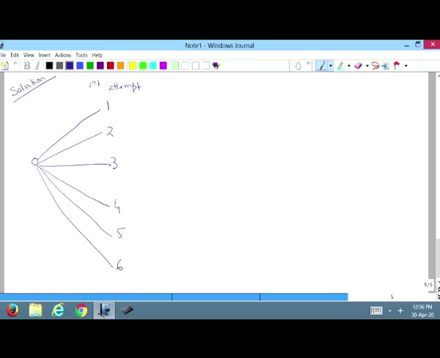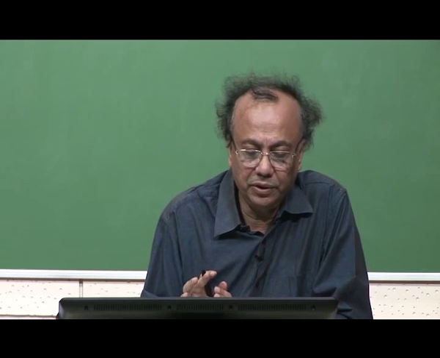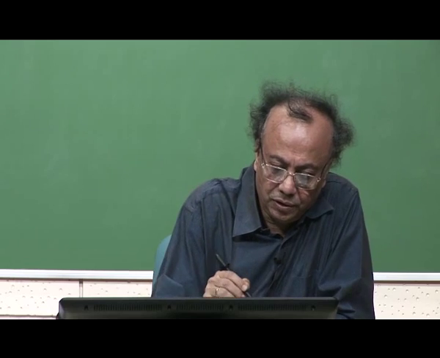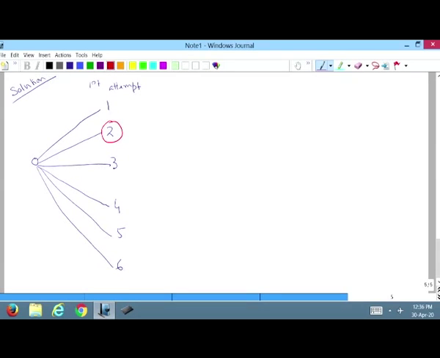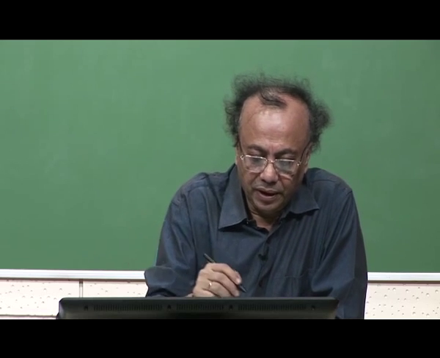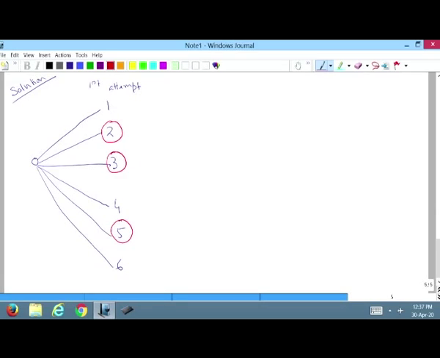Our experiment says that if it is a prime, then we stop there. Therefore, we stop at this point if we get a 2, a 3, or a 5. In these 3 cases, our output is only one digit, namely 2 or 3 or 5. Now, if I get a 1 or 4 or 6, we go for the second pick.